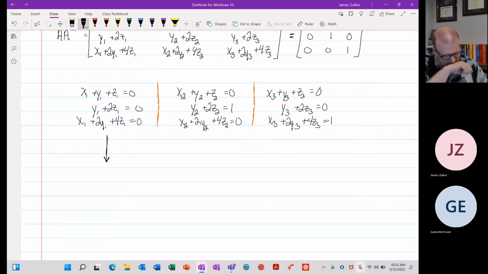Okay. So what did I do first? I think I did first equation times negative 1 plus the third equation, right? The x1s will cancel out. We're left with y1 minus 2y1, which is negative y1, minus 3z1 is equal to 1.